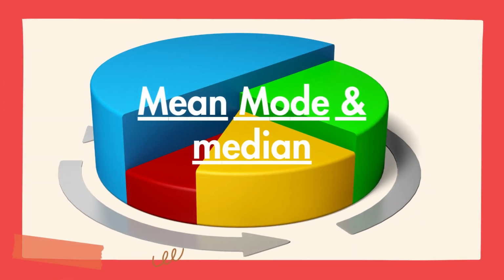Now we have learned mean, mode and median. These measures of central tendency serve as our trusty companions, revealing the core characteristics of a dataset in a variety of scenarios. The insights derived from these statistical tools are paramount for anyone involved in interpreting and analyzing data.